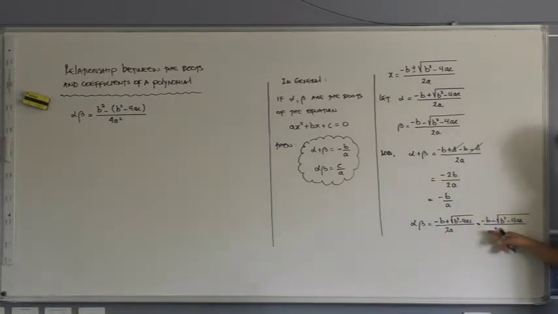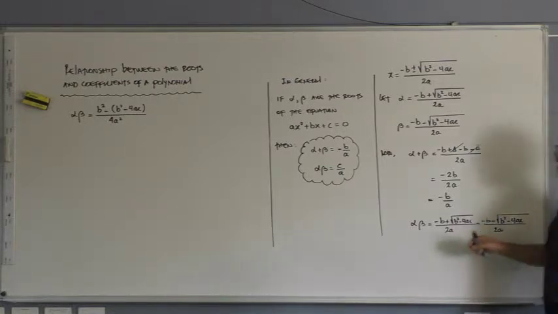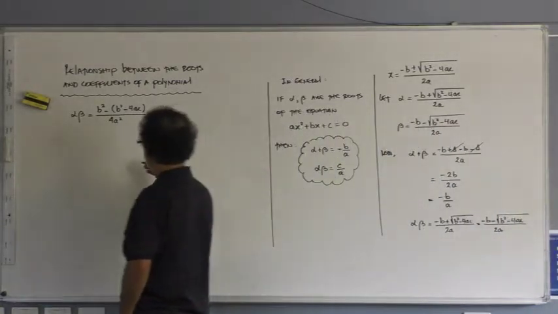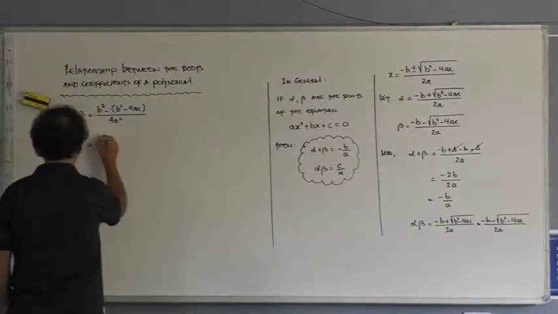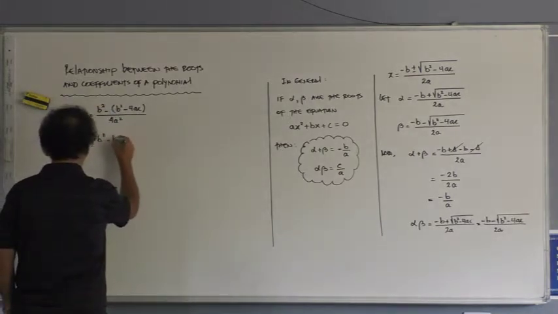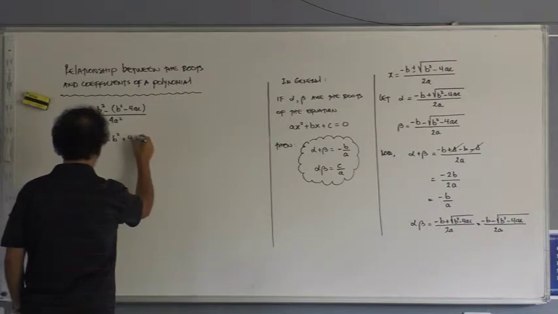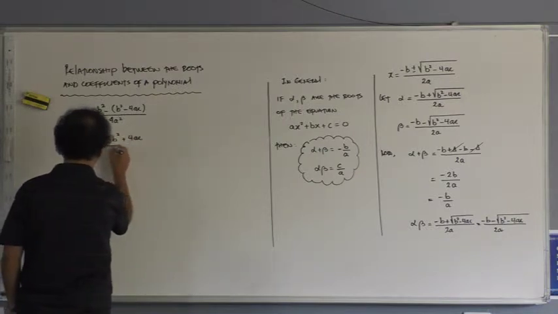When you multiply the denominator, 2a multiplied by 2a, the answer is 4a squared. Now let's simplify. We're going to do b squared minus b squared plus 4ac, all over 4a squared.